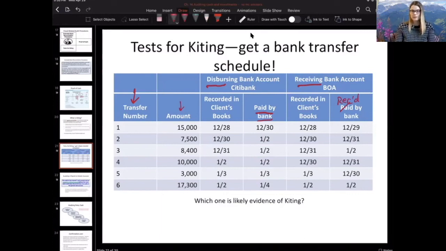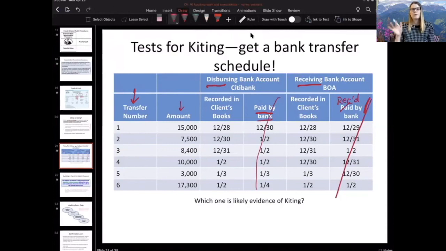For the purposes of doing this test, these columns are pretty much irrelevant. This is happening in bank time. This is cash basis accounting. Remember, we're interested in accrual basis accounting. So what you really want to look at in terms of testing the bank transfer schedule is the dates things are recorded on the client's books.